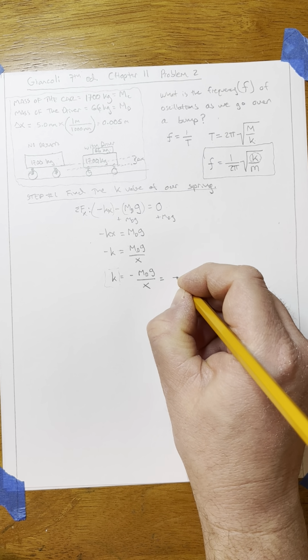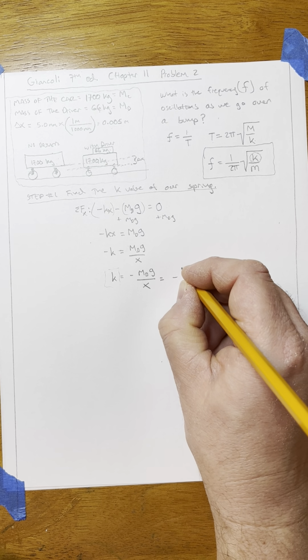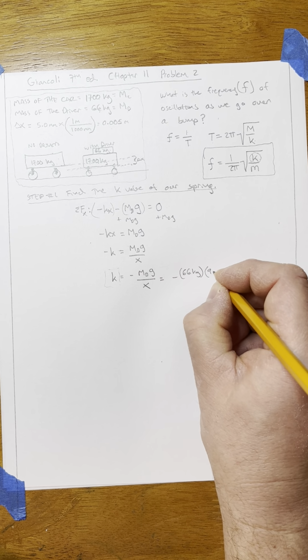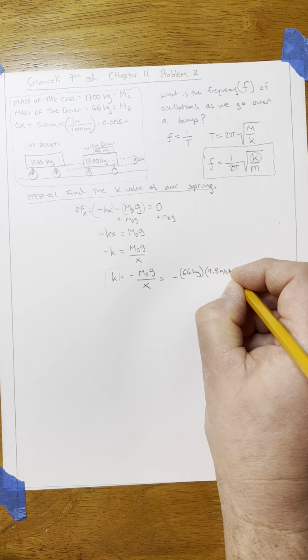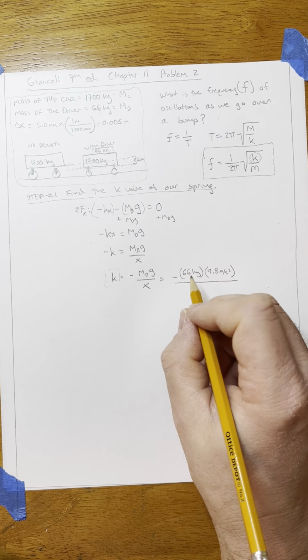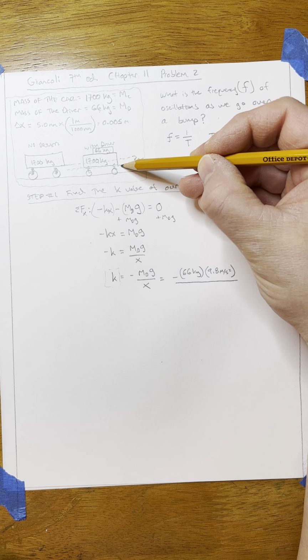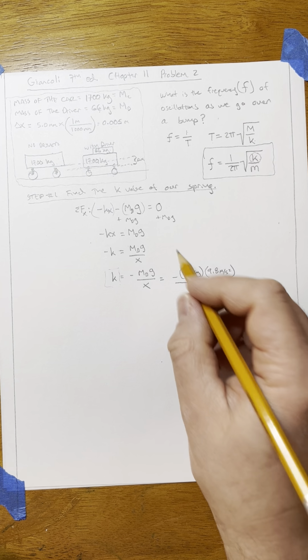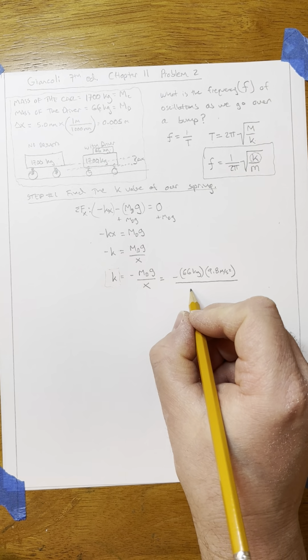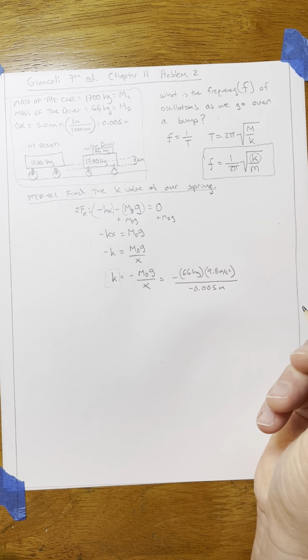I can say negative 66 kilograms times 9.8 meters per second squared, divided by, now if this was our equilibrium position and we've moved downward, I'm choosing down to be the negative x direction, then our displacement is negative 0.005 meters.